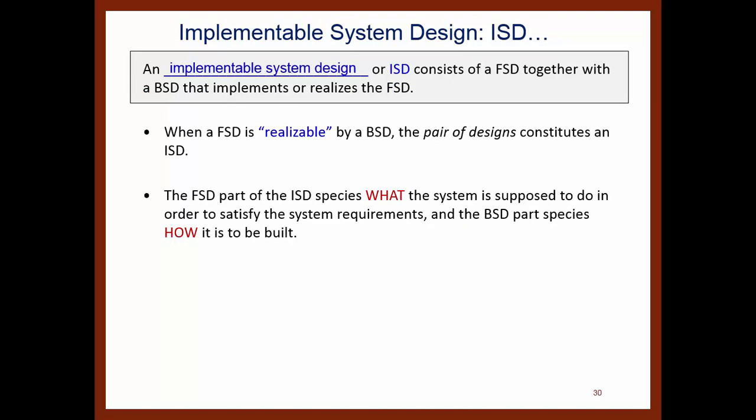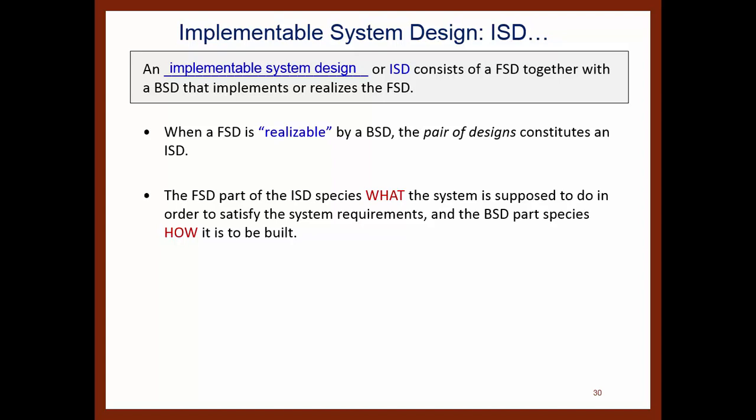So an implementable system design, or ISD, consists of a functional system design together with a buildable system design that implements or realizes the functional system design. When a functional system design is realizable by a buildable system design, the pair of designs constitute an implementable system design.